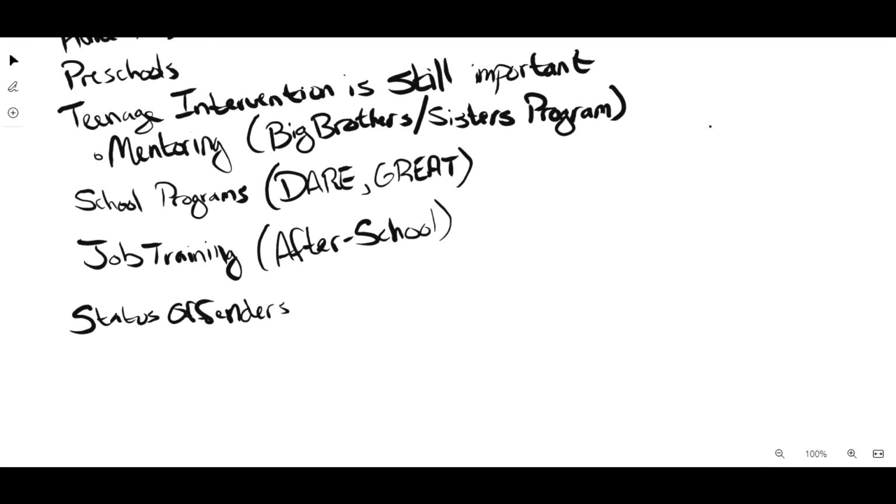Sorry. Status offenders, according to our book, can be broken down into a couple different groups that are acronyms because we like that. PINS stands for Persons in Need of Supervision, and CHINS is Children in Need of Supervision. Like I said, they're illegal activities, but they're not arson, rape, assault. It's not those cases. It's the little things.